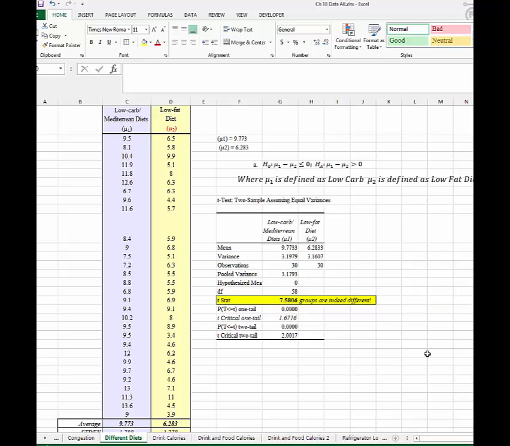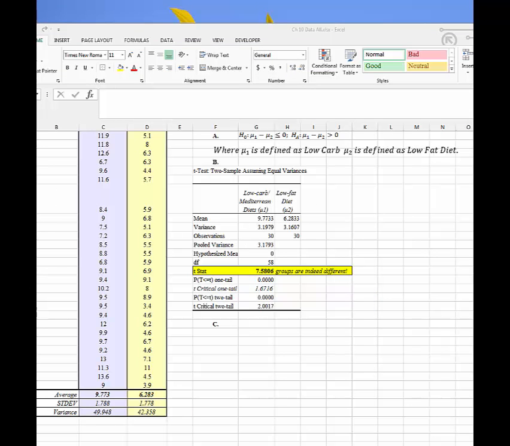Okay, so now we have to go back to our hypotheses and decide whether or not we reject the null in favor of the alternative, or we cannot reject the null. Essentially we make our decision based on our t-stat.